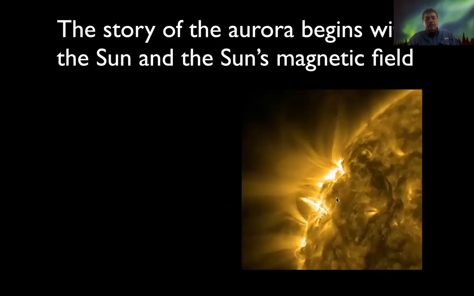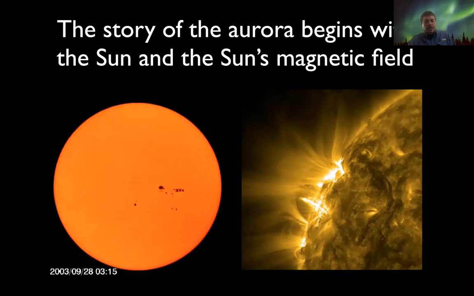Now, when we speak about the aurora, the story of the aurora really begins with the sun and the sun's magnetic field. And here on the right-hand side, we see an image of the sun in X-rays from a NASA spacecraft. And on the left-hand side, we see a white light image of the sun.